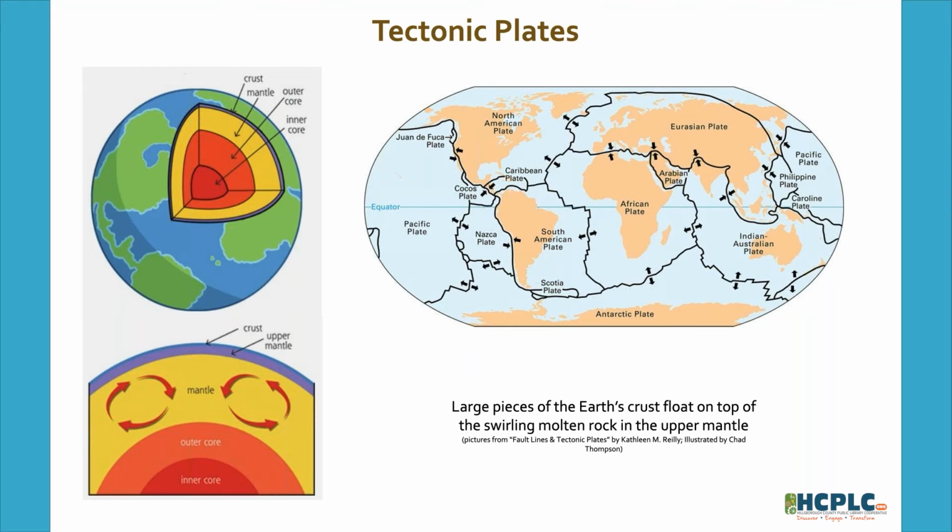Now the outer layer is the crust, and then underneath that we have the mantle. If you look at the diagram on the left, you'll see that there are some swirling arrows showing that there's constant motion going on in the mantle. So on the top we have our crust, which is all of these plates, and underneath that we have the mantle, which has swirling molten lava rocks.